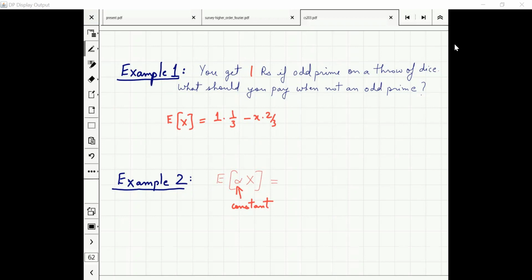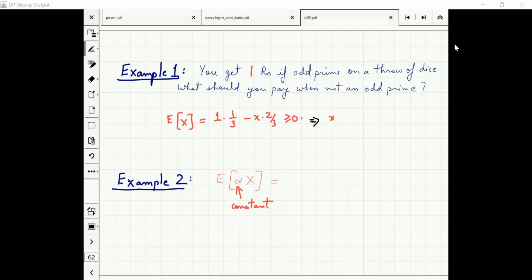And if I want it to be in my favor, then it should be greater than 0. So what do I need for X so that the bet is favorable?